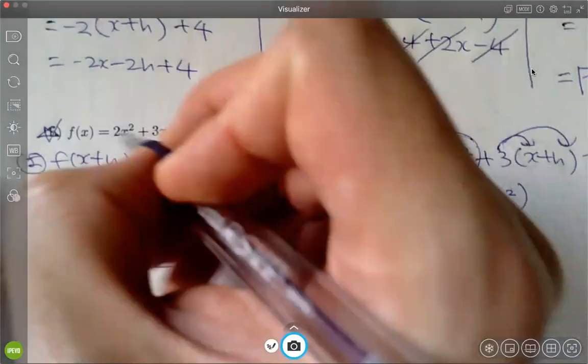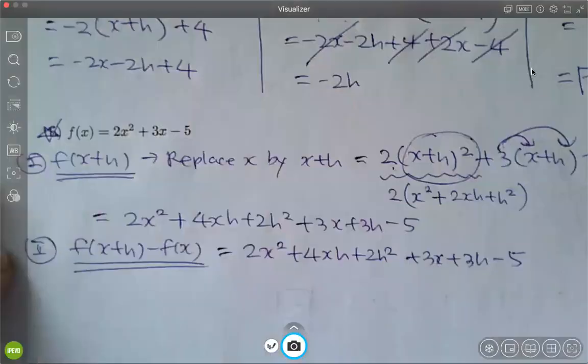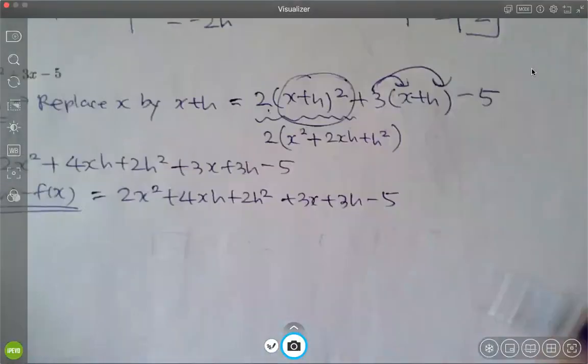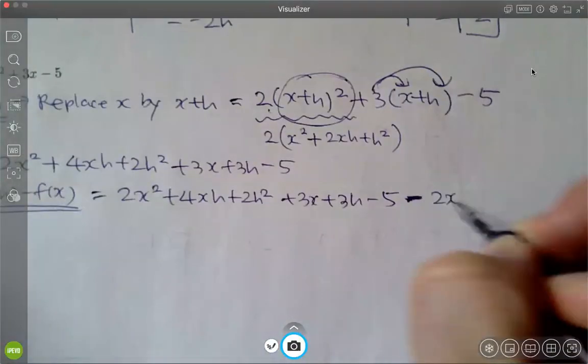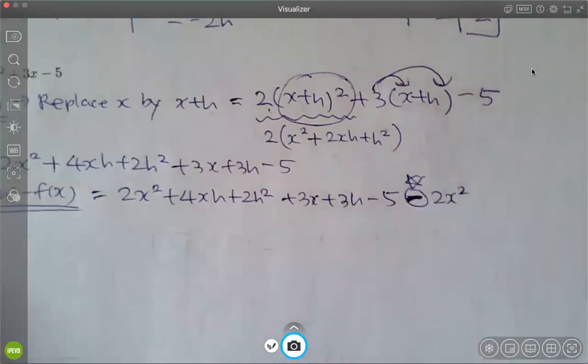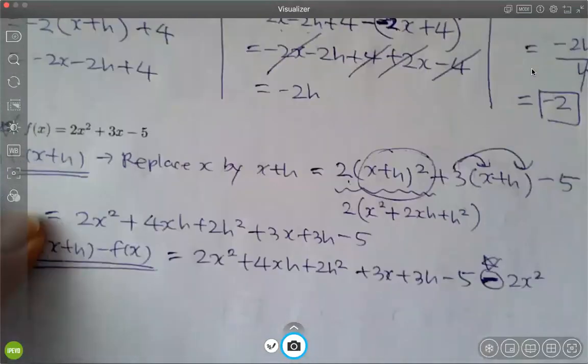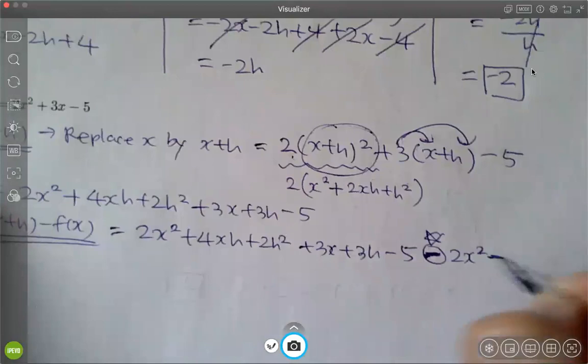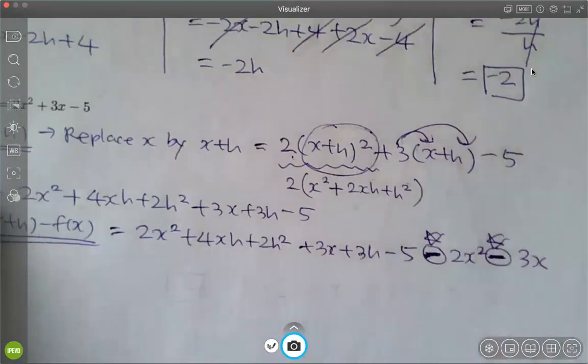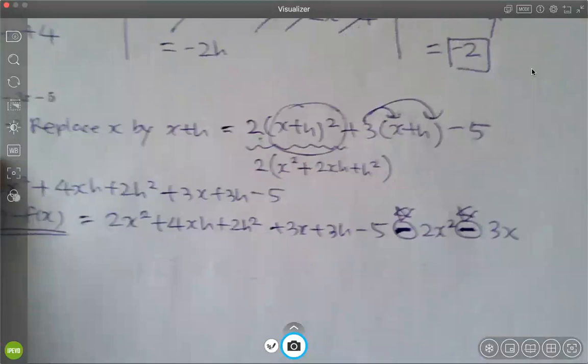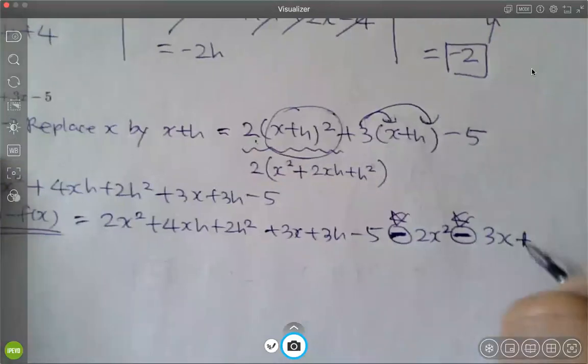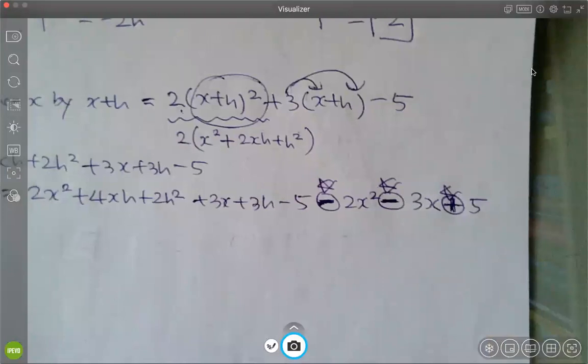You have to change the signs on f of x, right? So what does that mean? It's minus 2x squared, okay? And then it was plus 3x, so that becomes minus 3x, right? And then it was minus 5, so that will become plus 5, right? Okay?